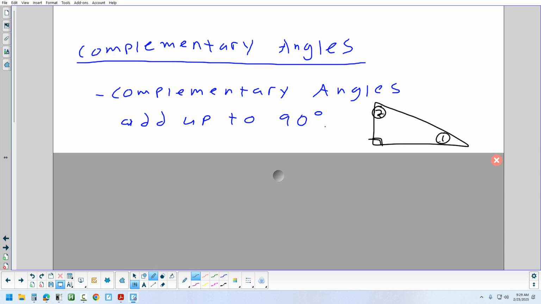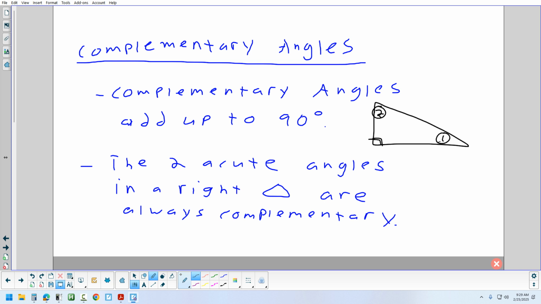They add up to 90, so they're complementary. The two acute angles in a right triangle are always complementary, because they always have to add up to 90. That's important to remember. It's just another way of saying they add up to 90.